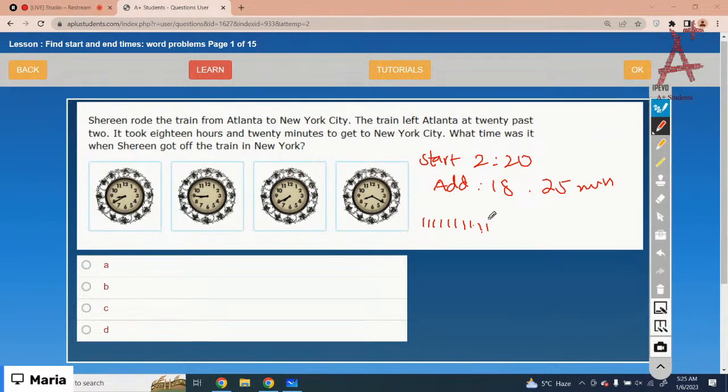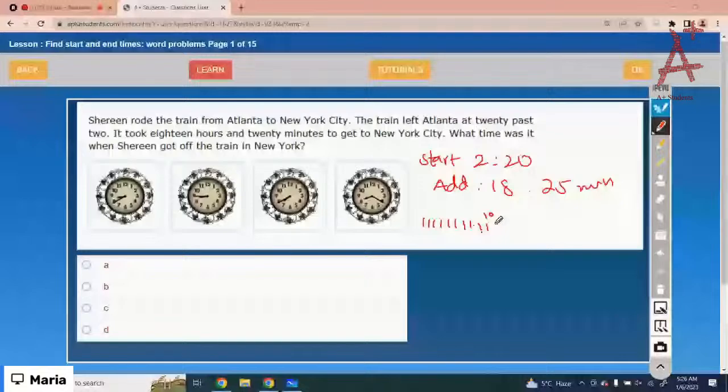It is 8, and add 20 minutes and 40. It would be 8:45. So the time she got off the train is 8:45.